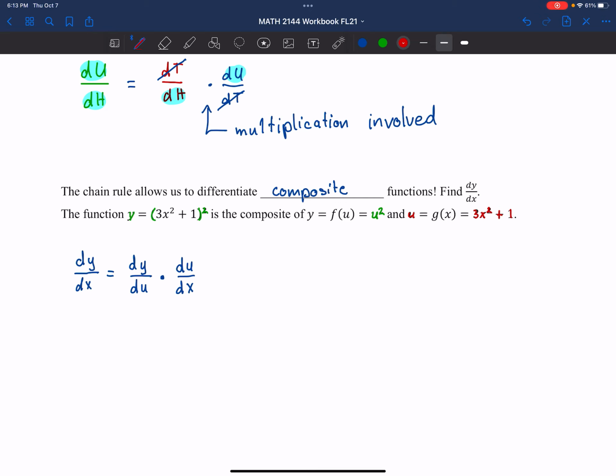So if we look at dy/du right here, what we're asked to do is find the derivative of y with respect to u. So u is acting as our variable, so we're going to consider u squared, and then we'll multiply that by the derivative of u with x acting as the variable.